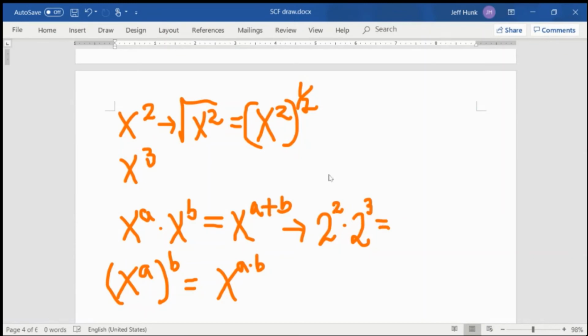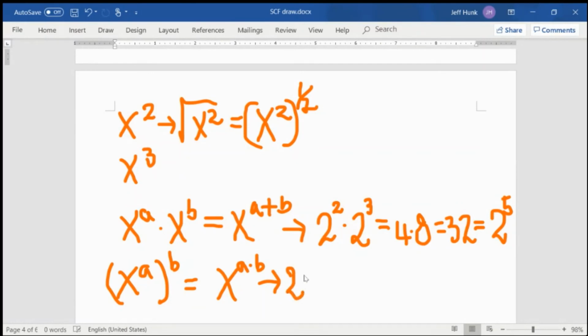We all know this is 4, so it's 4 times 8, which is 32. Which is exactly 2 to the 5th, raised to 2 plus 3, right? Now, this rule can also be easily verified. There are a couple of other rules, but we don't have time for that. We're going to revisit it later.